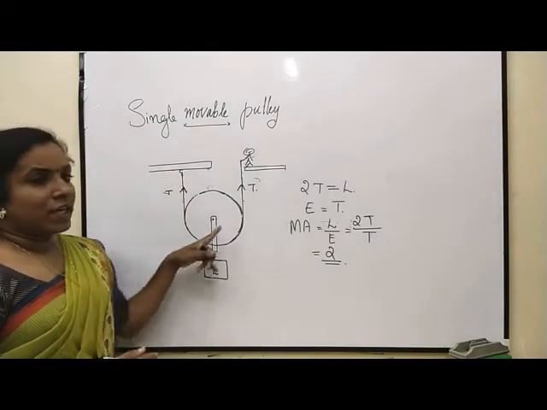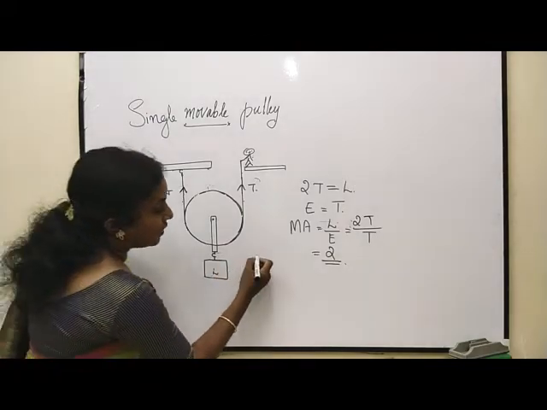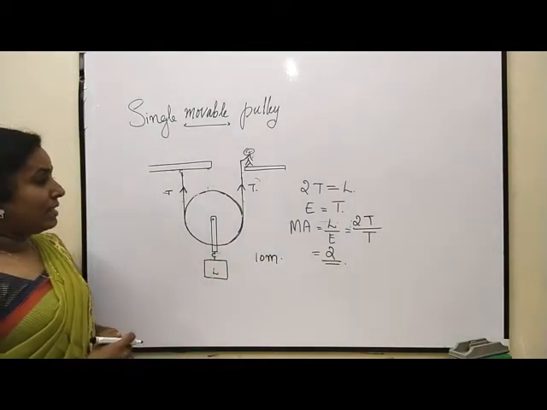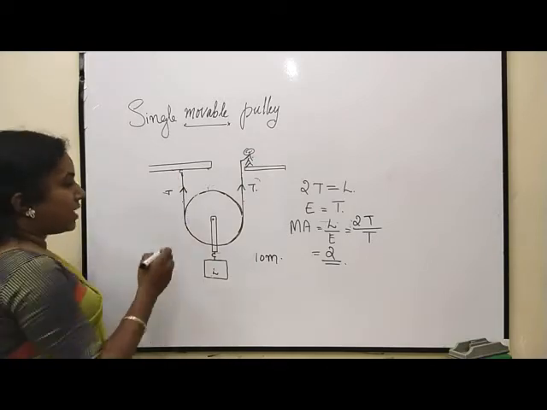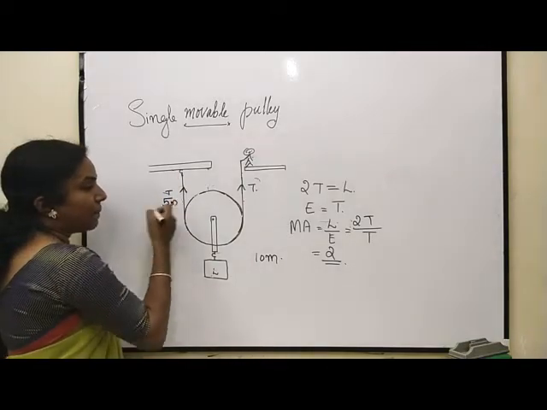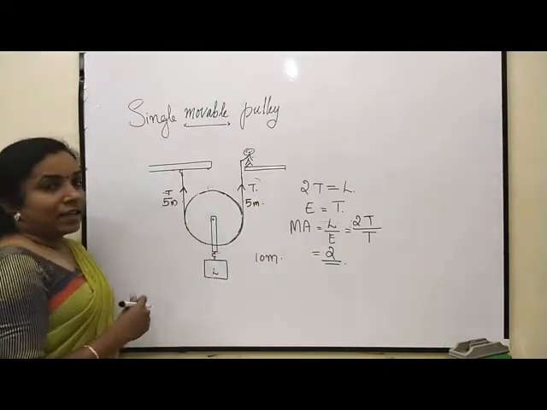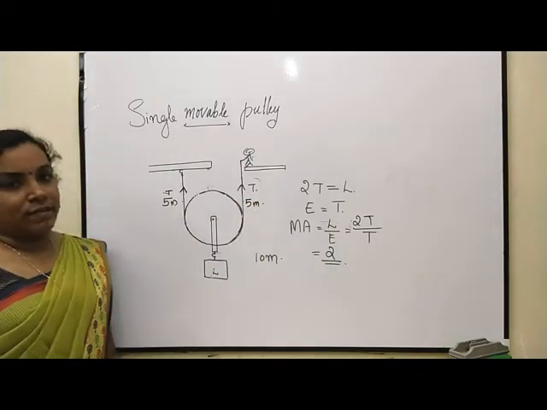Suppose this string has a total length of 10 meter. That means this side of the string has 5 meter and this side of the string is 5 meter. Then in total it comes 10 meter.